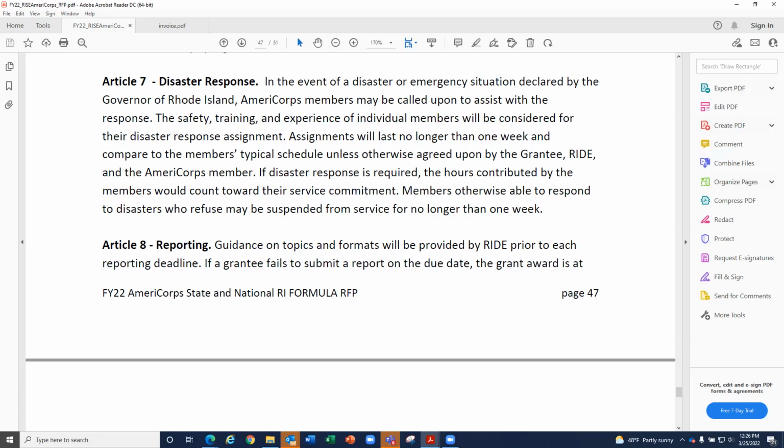Think of, in our context, a hurricane would be the sort of classic example. So the last time this took place was when there was significant flooding in southern Rhode Island. And again, it's voluntary, but just want to explain that because it is in the terms and conditions.